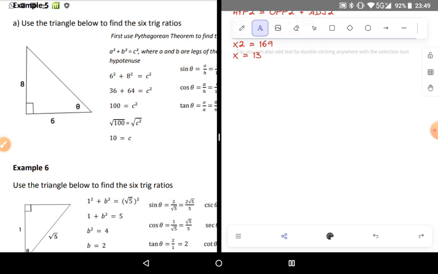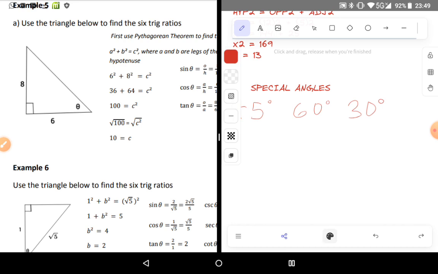Those special angles, we can have 45 degrees, we can have 60 degrees, and we can have 30 degrees.